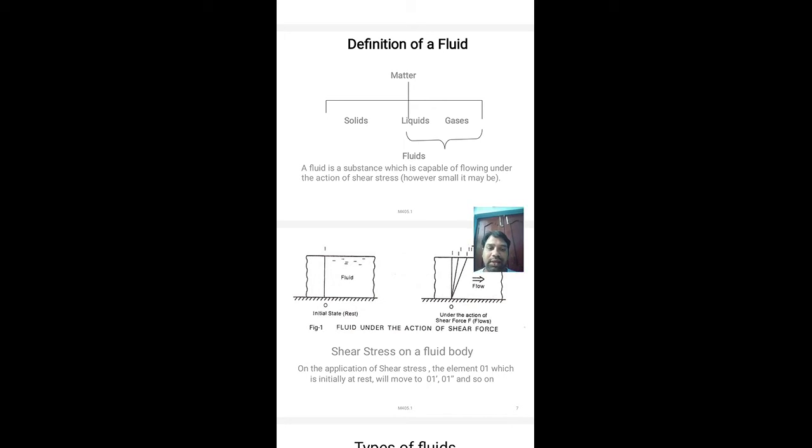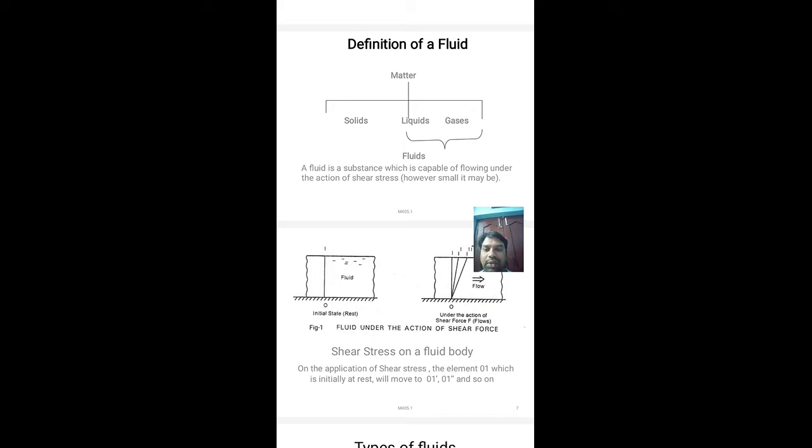Solids resist shear or deforming forces, right? Fluids have no particular shape. If you take water, liquids or gases, they don't have any particular shape.